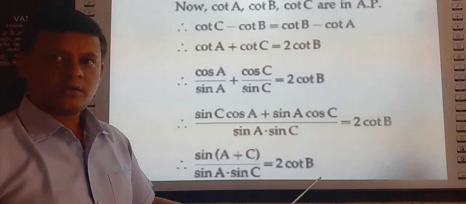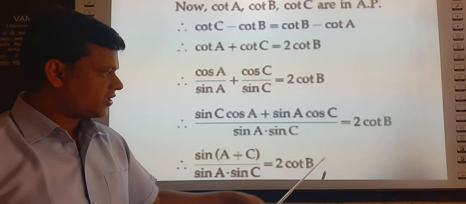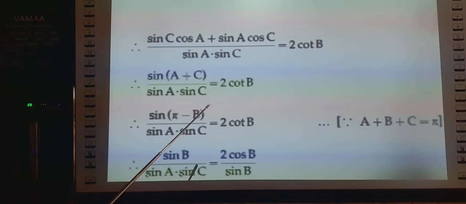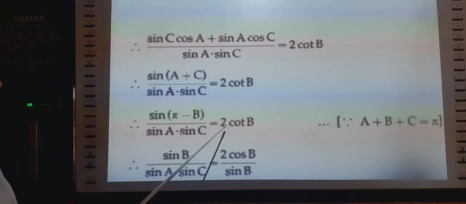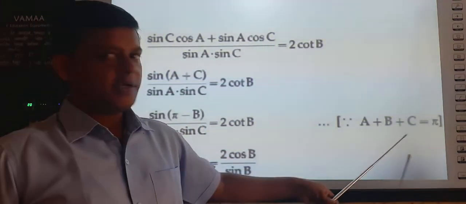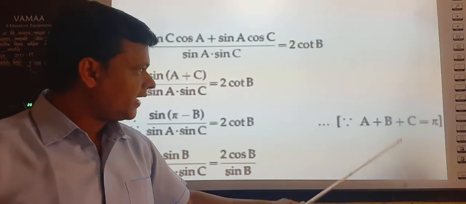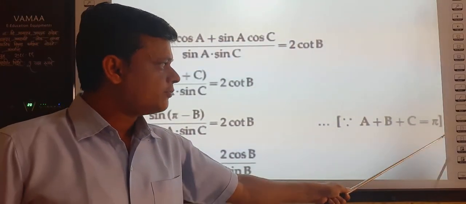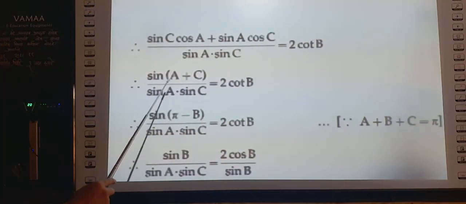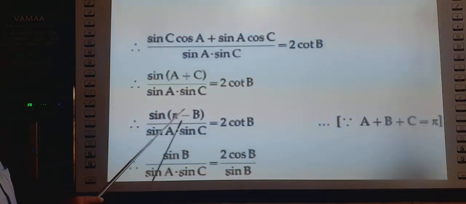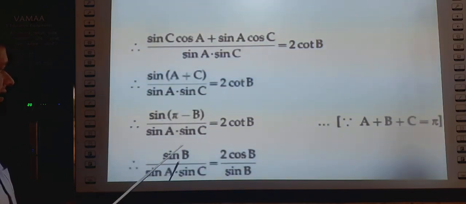And this cot B we can write as cos B upon sin B. So we write this 2 cot B as 2 cos B upon sin B. And for this A plus C, we know that angle A plus B plus C equals pi, so from that we can find the value of A plus C. We get A plus C equals pi minus B. So we replace this A plus C by pi minus B, and we know the formula for sin of 180 minus theta is sin theta.